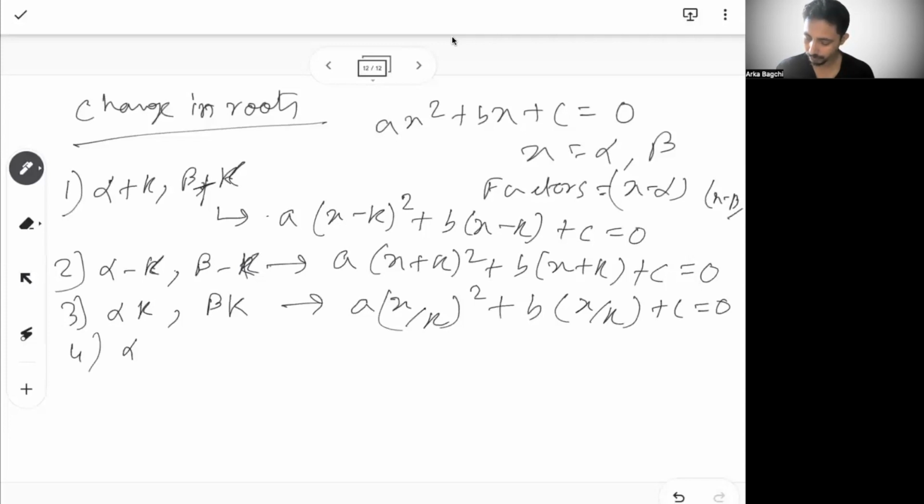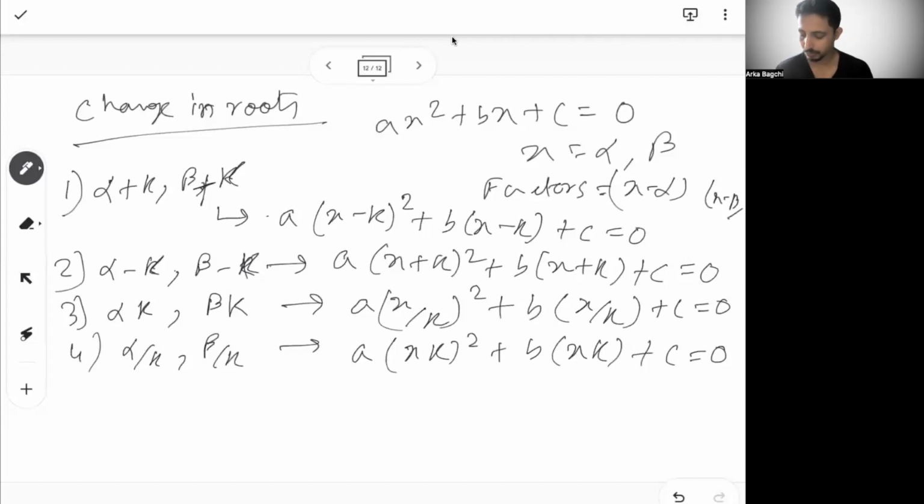Similarly, if the roots are alpha by k and beta by k, then it will become a into xk whole square, plus b into xk, plus c equal to 0. Similarly, and this is one very important thing, if roots become 1 by alpha and 1 by beta, then your equation becomes cx square plus bx plus a equal to 0.